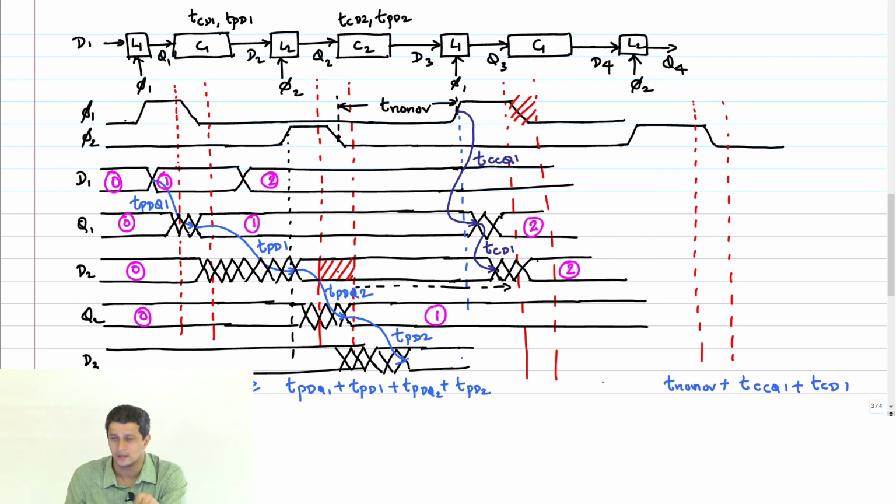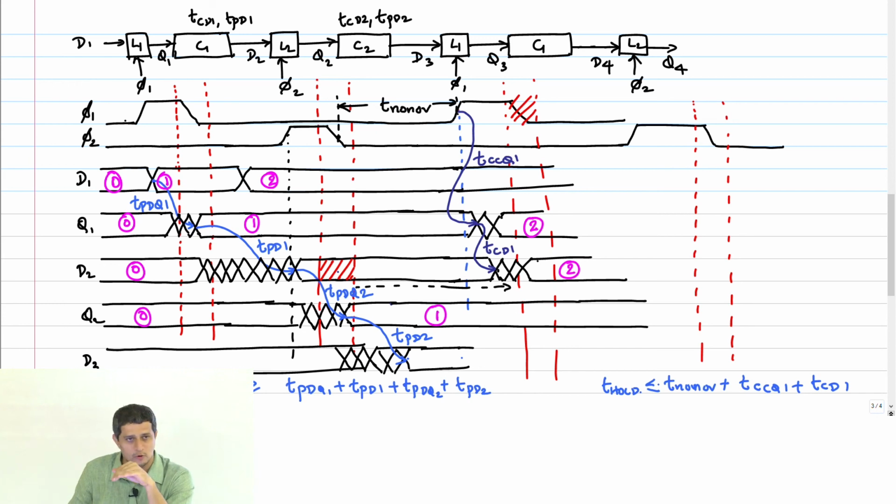And on the other hand, I have what? T hold. What is the constraint now? T hold should be less than this, right? The change should happen outside that hold window.